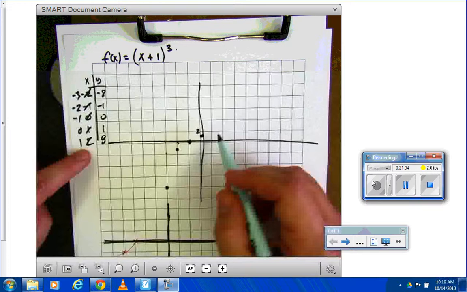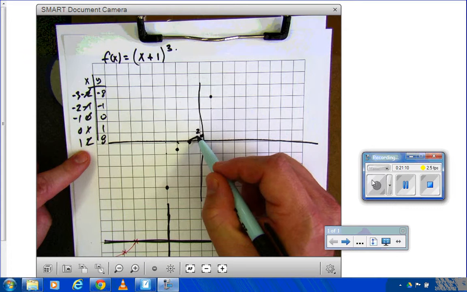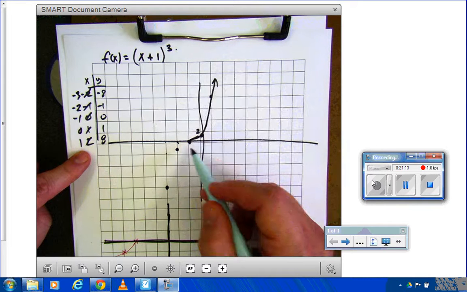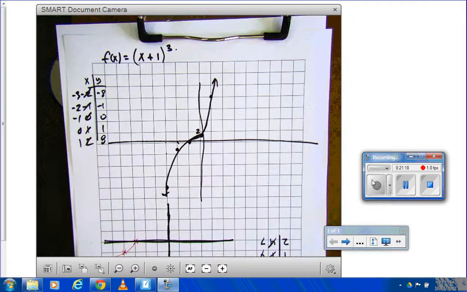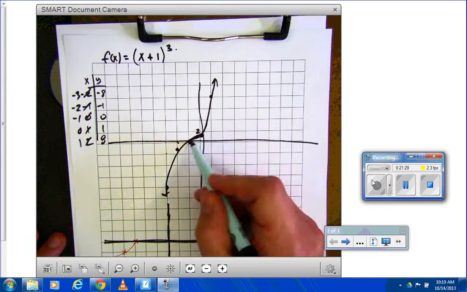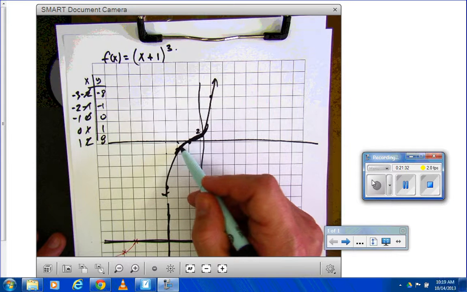So 1, 2, 4, 6, 8. So we get our cube function there. Okay, very sloppy one. Dang, I wish I'd have done a better job than that. It's going to make my geometry look bad. All right, I'm going to do this up. It should be more like that. That looks a little bit better.